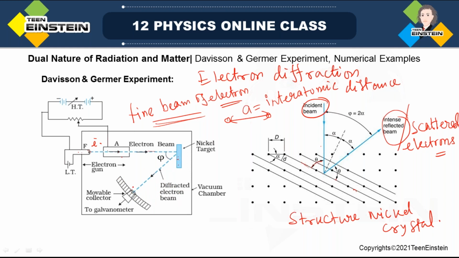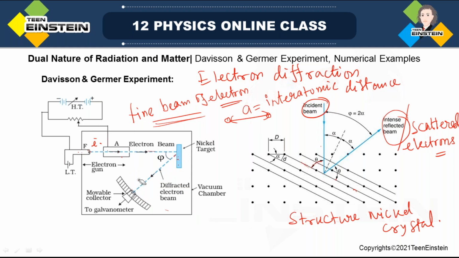Collecting at different positions, you can see at which angle electrons are there or not, and also how many electrons are collected at each angle. If you collect at one angle maybe 50 electrons, at another maybe 30, and somewhere you may collect even 100 electrons. So that variation can also be seen.